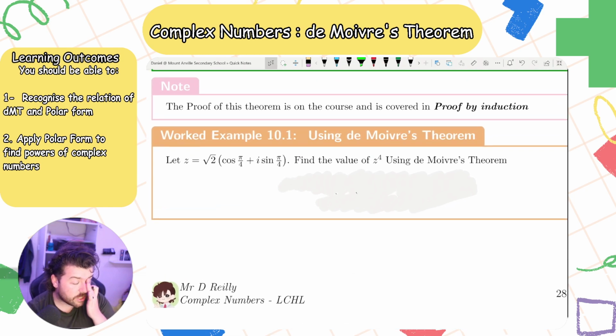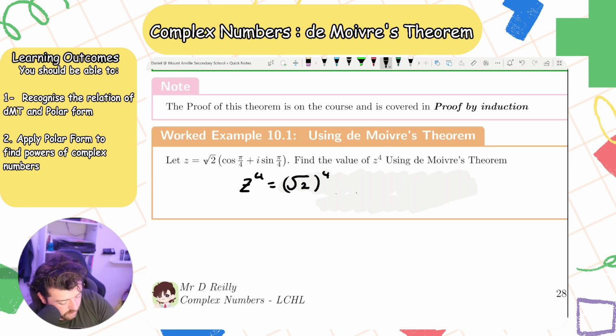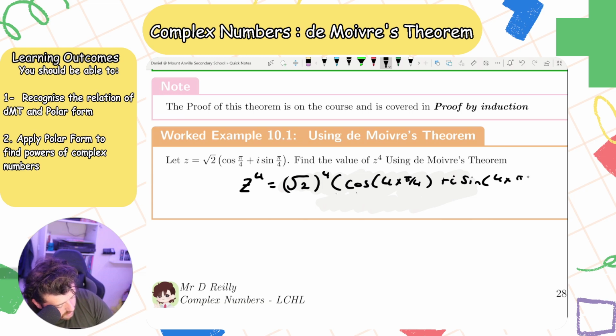Let z equal root 2 times cosine pi over 4 plus i sine pi over 4. Find z to the power of 4. So what do I do to that power? Well, this is going to be root 2 to the power of 4, and then cosine 4 times pi over 4 plus i sine 4 times pi over 4, which is equal to 4 times cosine pi plus i sine pi.